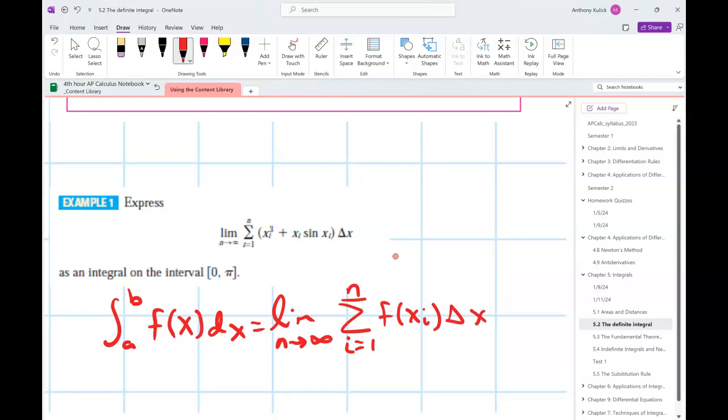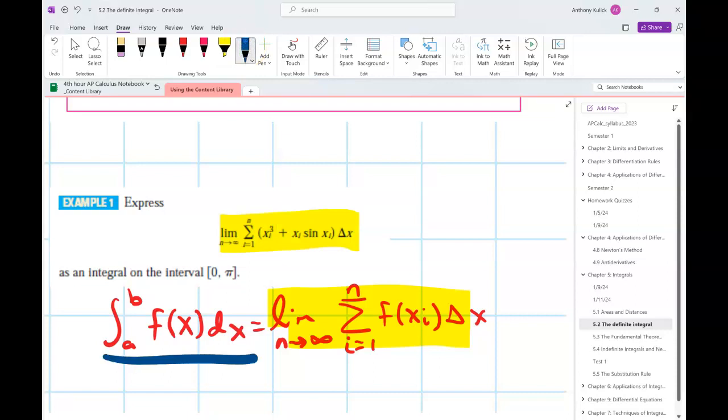Right? We have this here, and what we want is to get that. Is everybody okay with what the question is asking for?